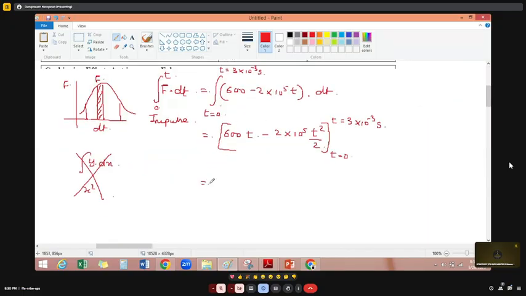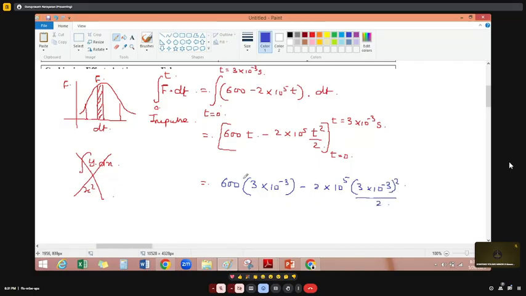Apply the limits. If I put 0 here, everything will become 0. So I don't have to worry about the lower limit. Upper limit, I have to do carefully. I have to substitute 600 into 3 into 10 power minus 3 minus 2 into 10 power 5 into 3 into 10 power minus 3 the whole square divided by 2.